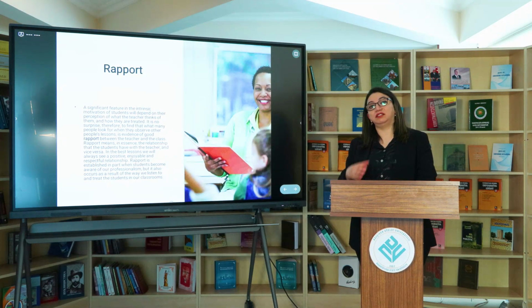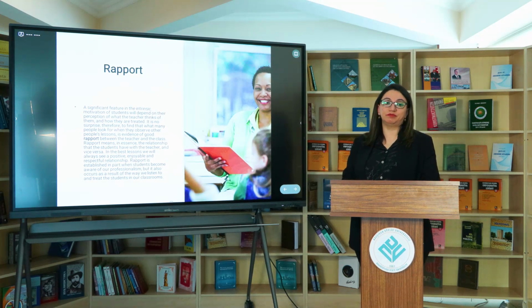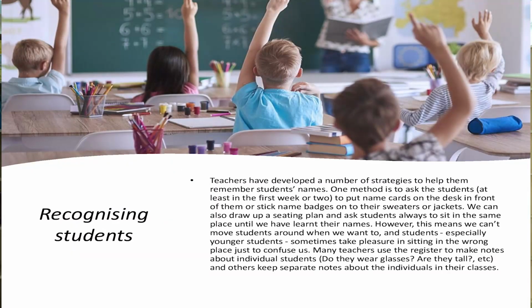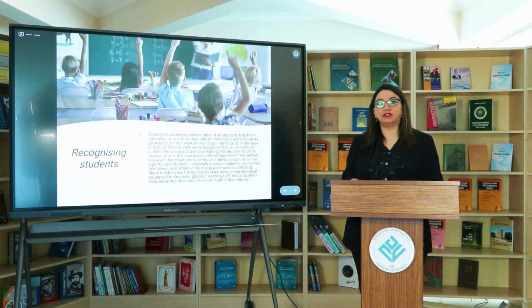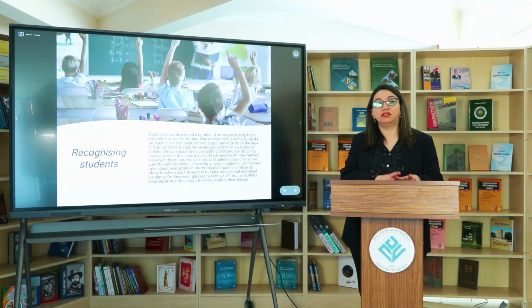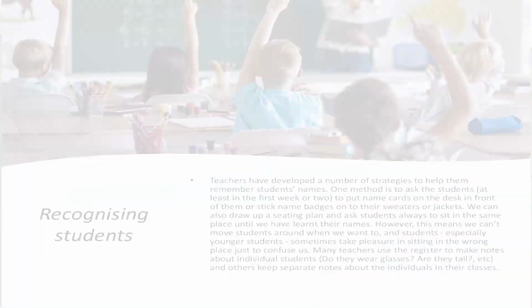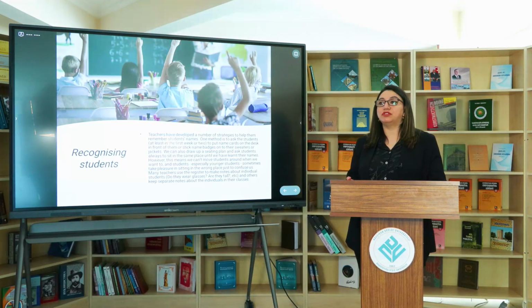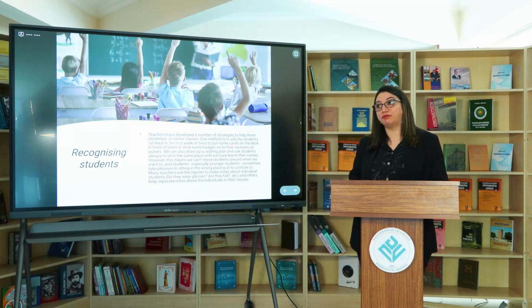To do it faster, a teacher needs to apply some techniques, such as asking students to write their names on paper and put it in front of them, or write their names and stick them on their jackets, and also the teacher can ask them to sit in the same place for a while.